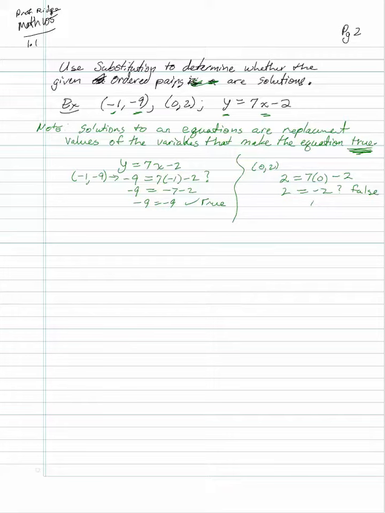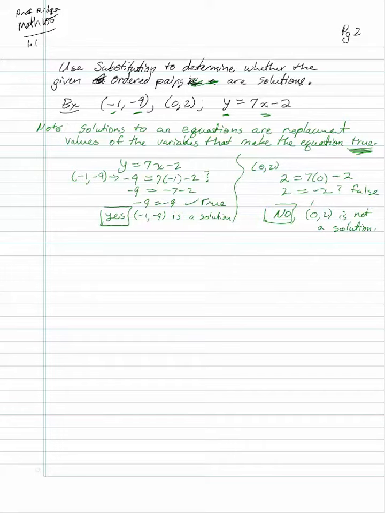So yes, (negative 1, negative 9) is a solution, and this one is no. (0, 2) is not a solution. Okay, so that's the solution.